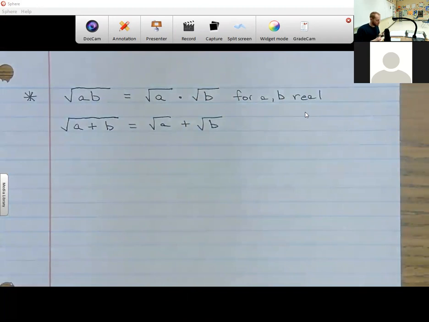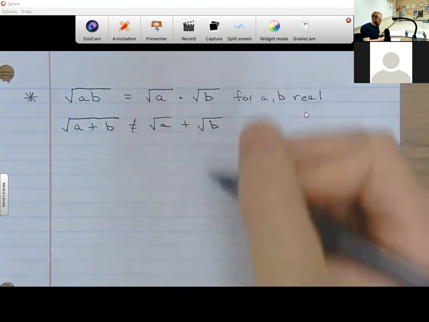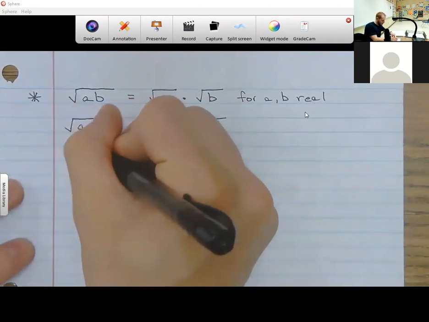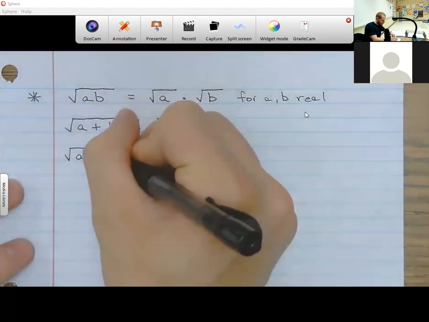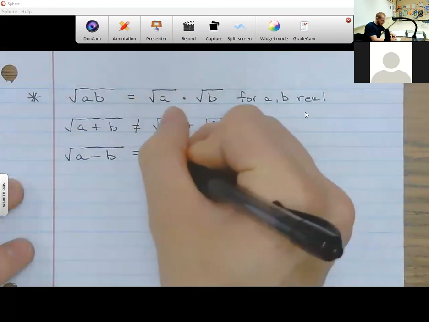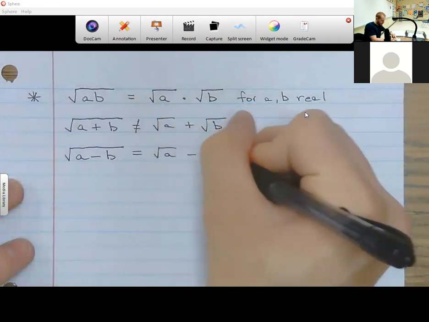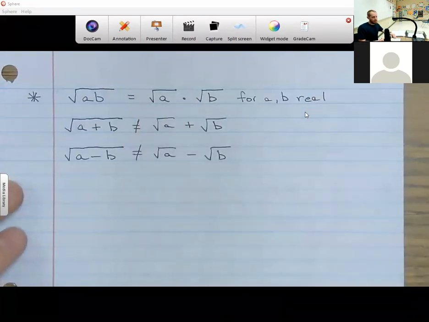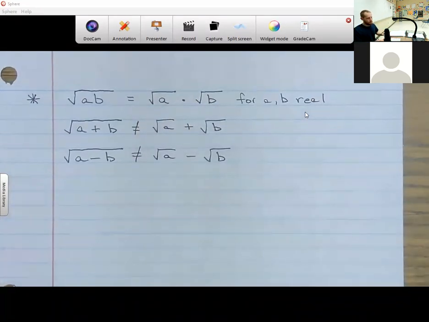No, I cannot do that. Don't be doing that. Similarly, we cannot do this, A minus B. Can I do this? No, I cannot break it up that way. So don't be doing that. This only works with multiplication and division.